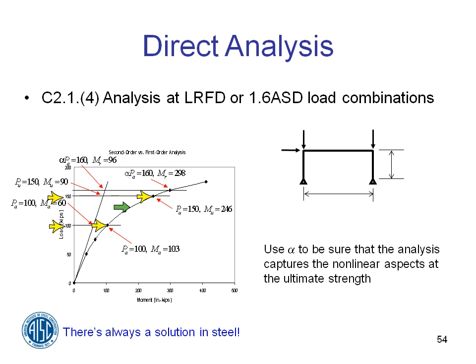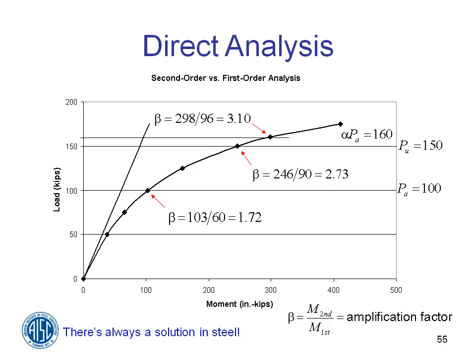In order to make sure that we pick up that level of amplification, the specification says that we do our ASD loads at 1.6 times the ASD load combination. So now we're up here at a load of 160 kips, and the second order moment is all the way over here at 298 foot kips.